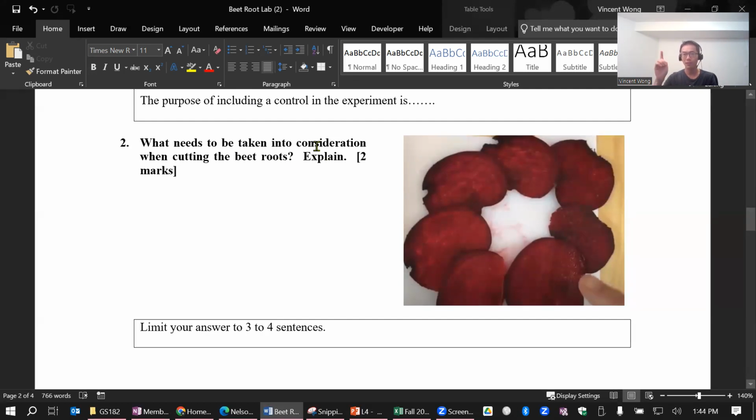Size is only one of them. Think about other things you have to consider when cutting the beetroots, and more importantly, explain to me how it will affect the accuracy of the experiment if I don't do that.